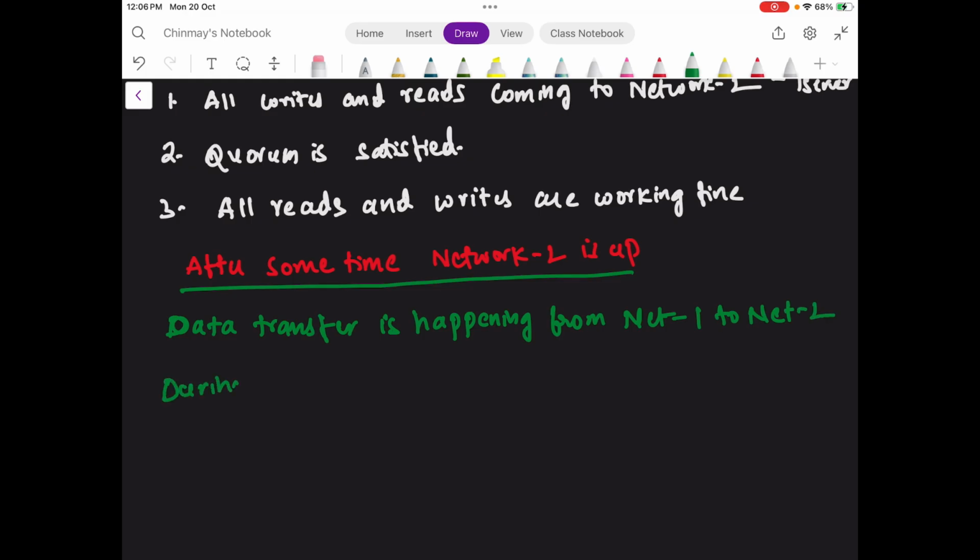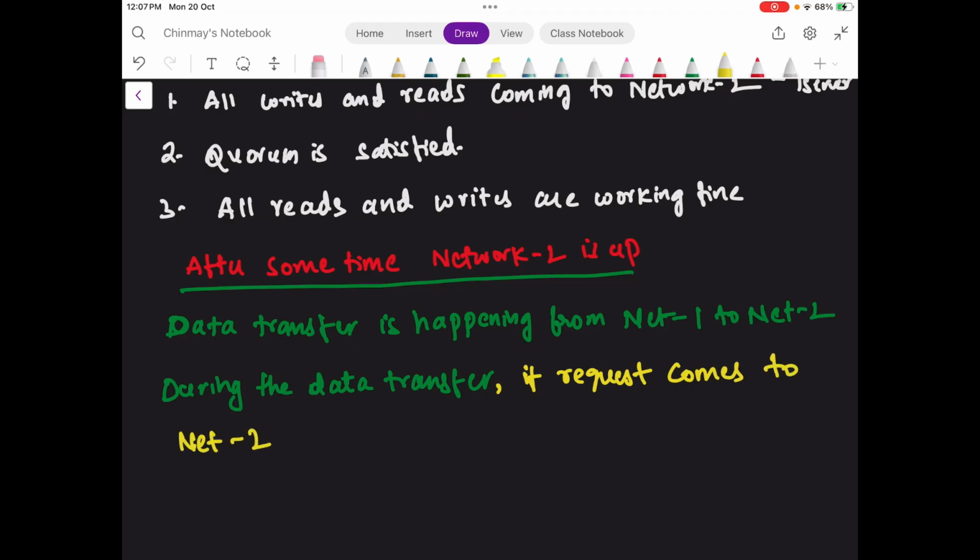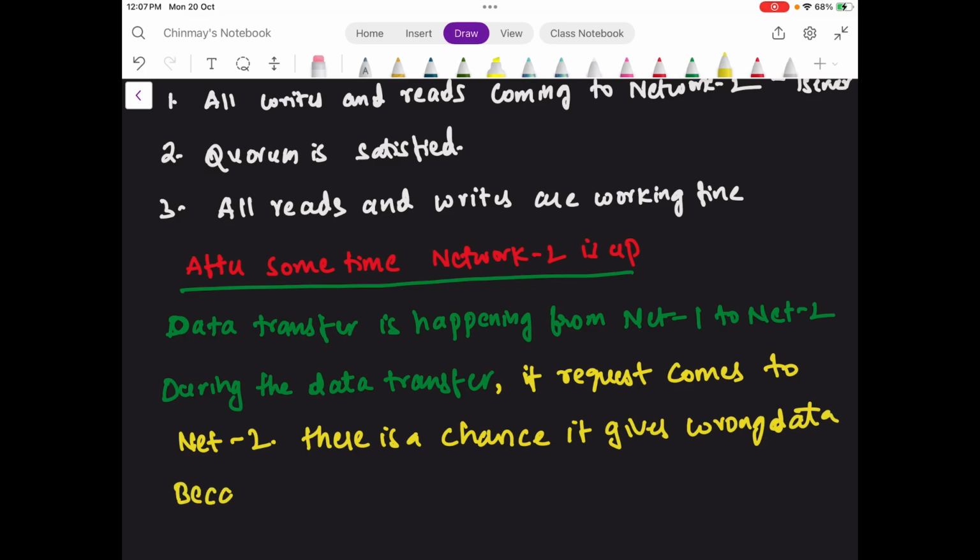During the data transfer, if requests come to network 2, there is a chance it gives wrong data, because quorum is satisfied.